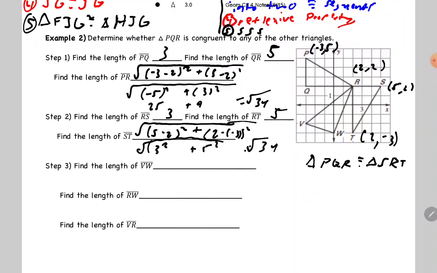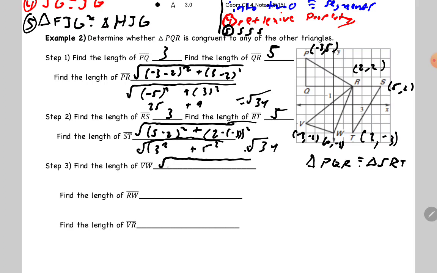Oh yeah, let's look at VW. Boy. Yeah, this is just straight up distance formula, distance formula, distance formula. So this is at -3, -2, and this is at 0, -3.